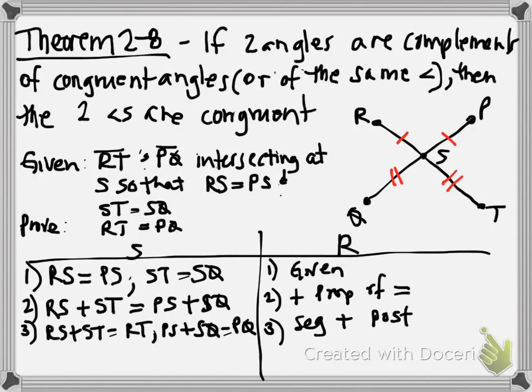Now notice I wanted RT to end up on the left in my final and PQ to be on the right, and that's all my stuff has been leading that way. So I can substitute into 2 what I found from 3, and I get RT is equal to PQ, and that would be transitive property of equality or substitution property of equality. I'm going to say substitution. Okay? All right, good luck.